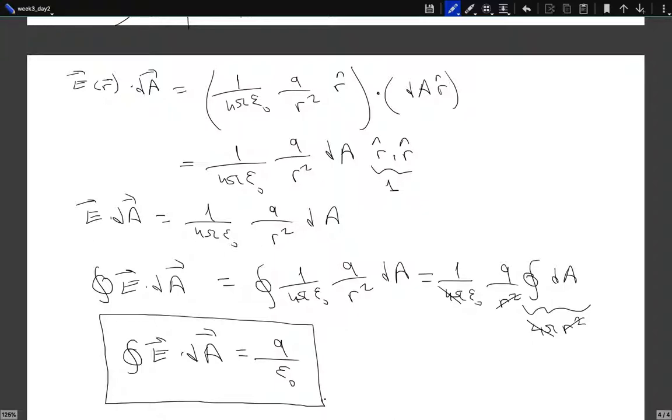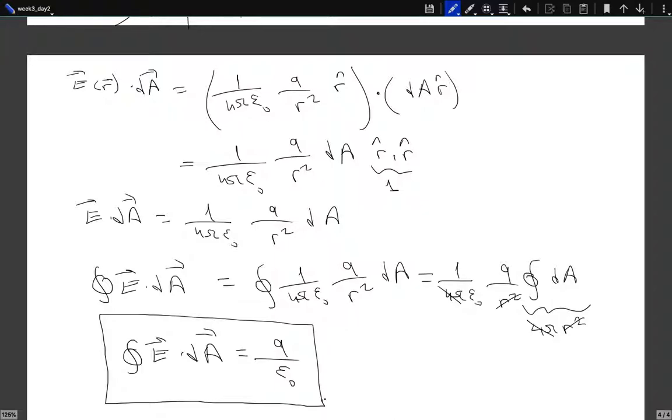Now note also that although we are fixing our shape to be a sphere, the radius of the sphere was arbitrary. And our previous discussion basically told us that independent of which shape you take, that integral should not change. Here the shape was a sphere, but the radius was arbitrary, and still the result is independent of the radius.